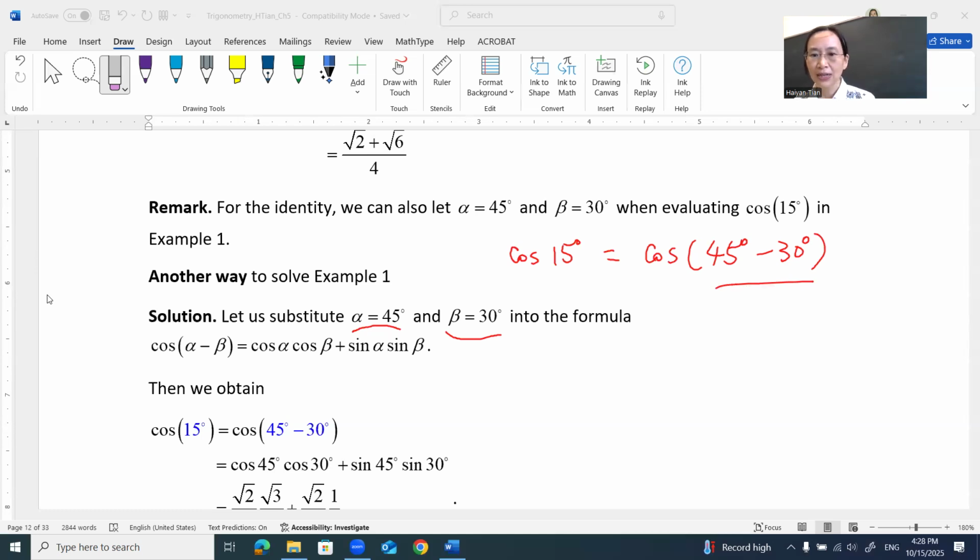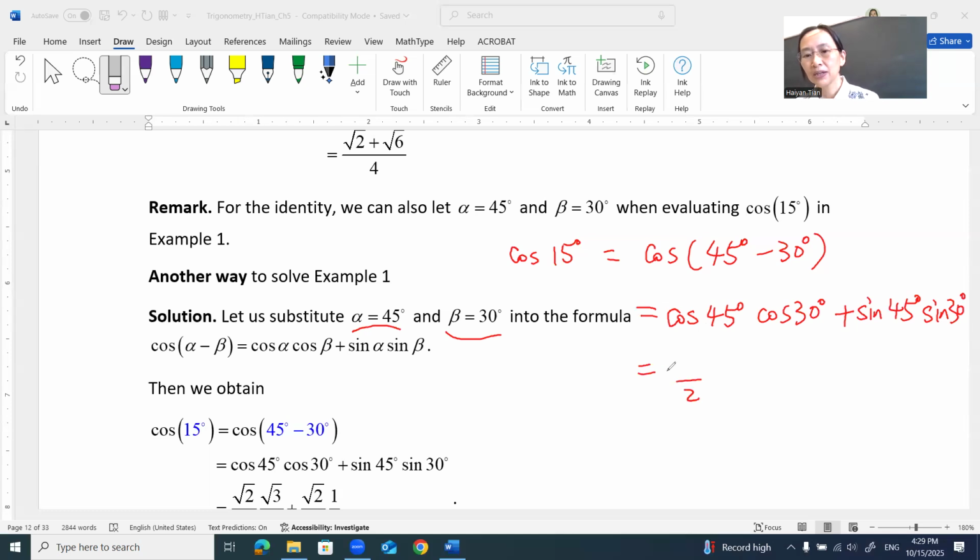So let's apply the difference formula for cosine one more time. The cosine of the first angle times cosine of the other one, plus sine of the first, sine of the other. That's cosine 45 degrees, cosine 30 degrees, sine 45 degrees, sine 30 degrees.